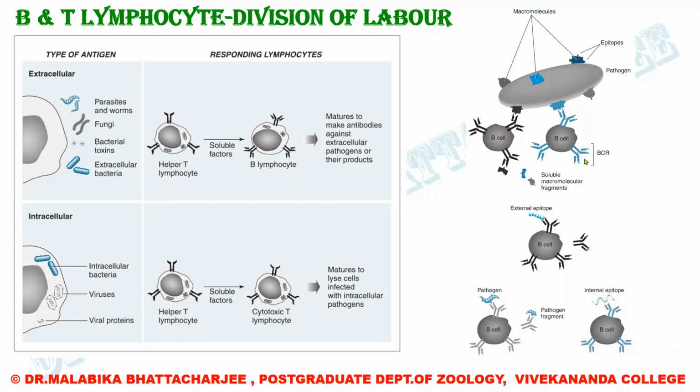The B cell receptor can bind to epitopes that are part of macromolecules on the pathogen surface, as well as epitopes that are part of soluble fragments. So these are the various kinds of epitopes to which the B cell receptor can bind.